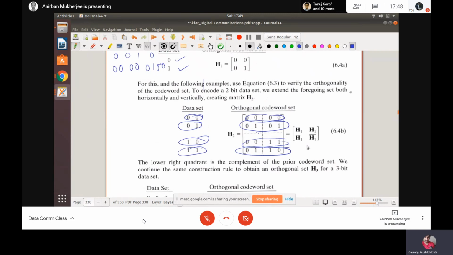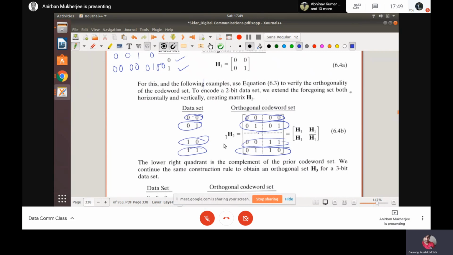Now you see that this 0, 0 is orthogonal to all the other three. Each one is orthogonal to the rest. The ith row is orthogonal; I generally prefer to say it in a column way.